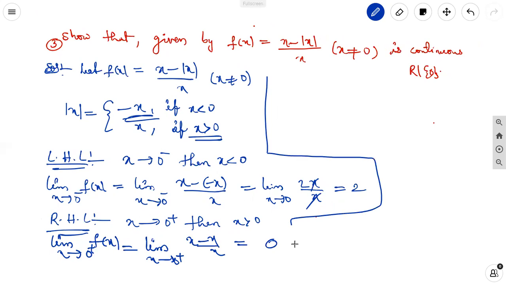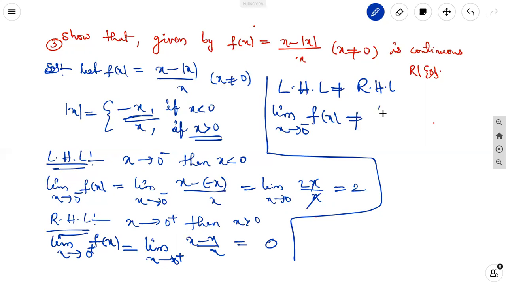Here clearly the left hand limit and right hand limit values are not equal. That is, limit x tends to 0 minus f of x is not equal to limit x tends to 0 plus f of x. So limit x tends to 0 of f of x does not exist.